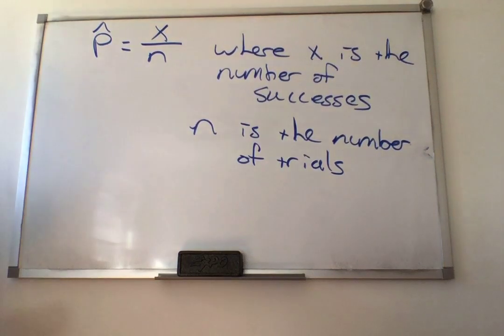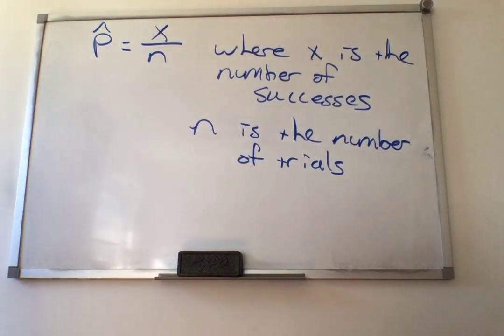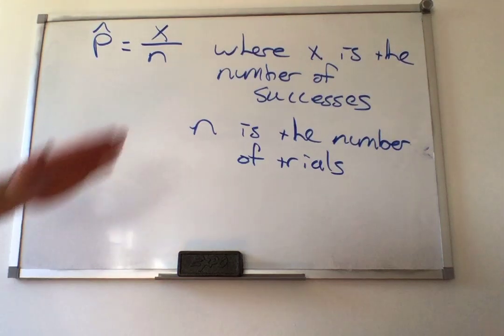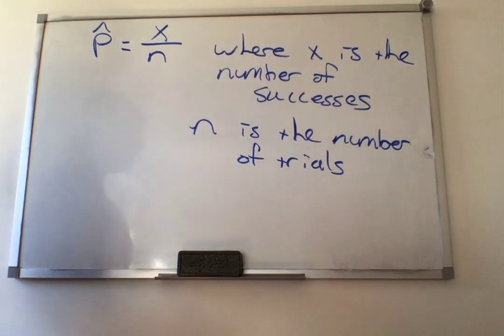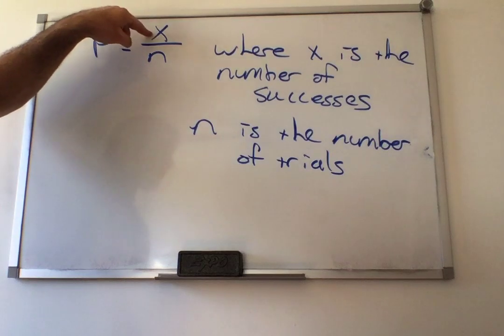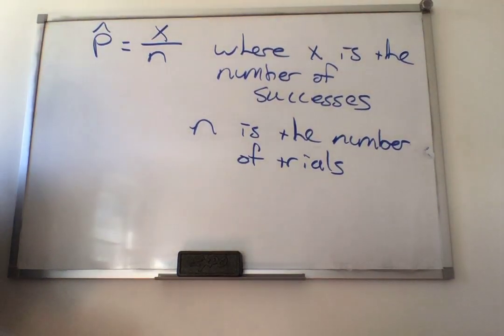So in some problems, they will just tell you p hat is equal to 68%, okay? Or they may tell you, like if you're doing a survey, say it's a very simple example, a yes or no survey, x would be the number of yeses, so the proportion of people who said yes would be the number of people who said yes divided by the total number of people you asked. Okay, whatever the question was.